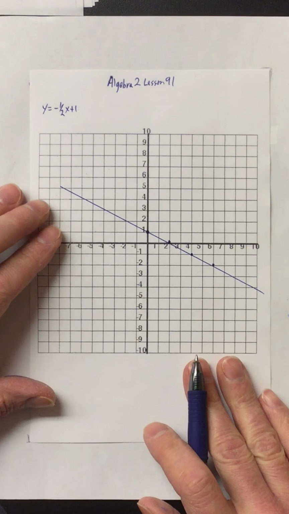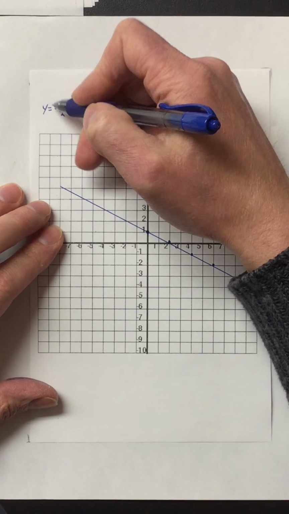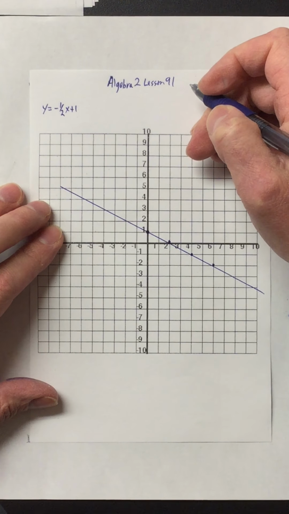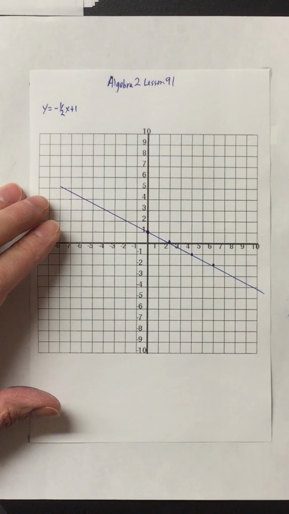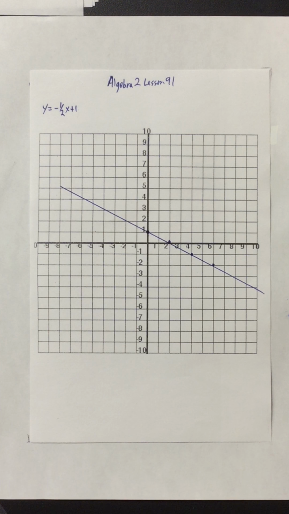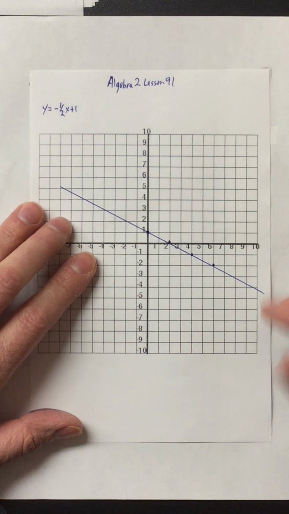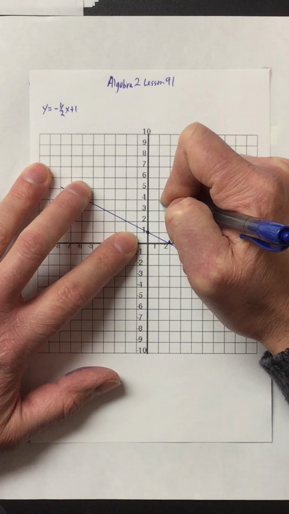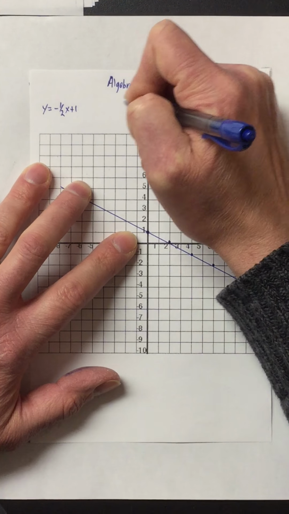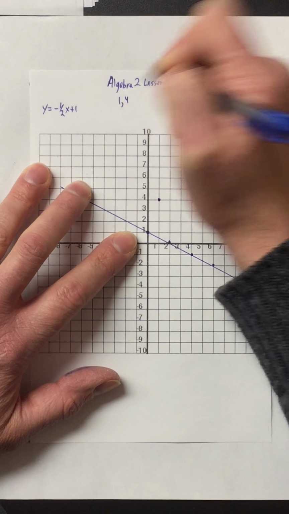And then if we write this, take out the equal sign and put an inequality. If we were to put in some values, for example, let's take this one right here, which is (1, 4).